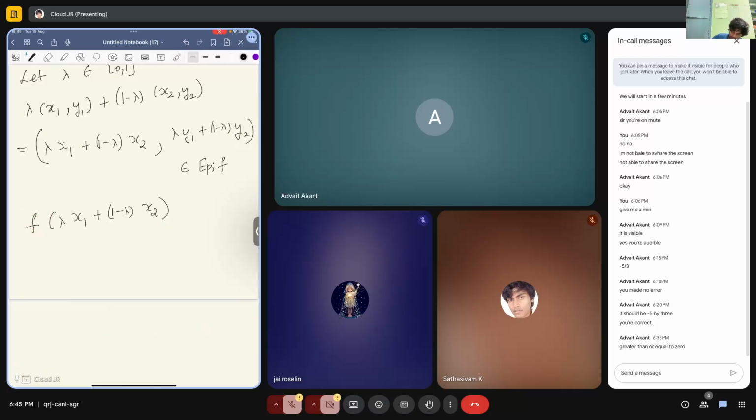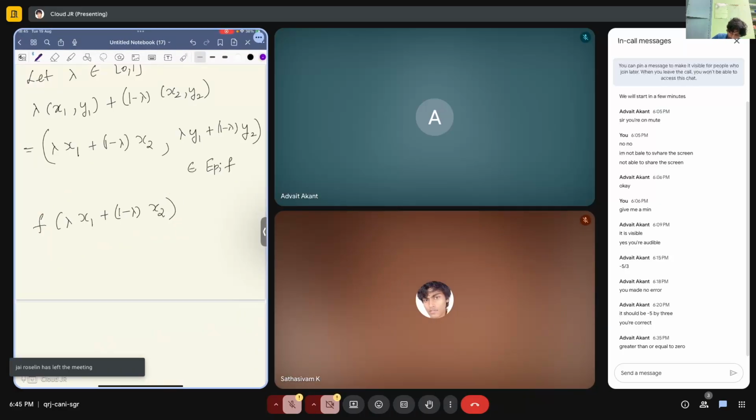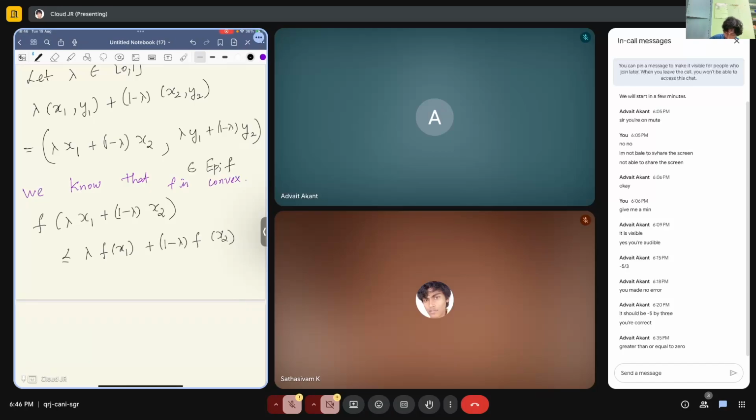So this will be less than or equal to lambda times f of x1 plus 1 minus lambda times f of x2.